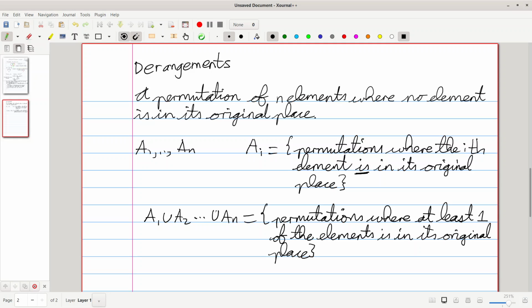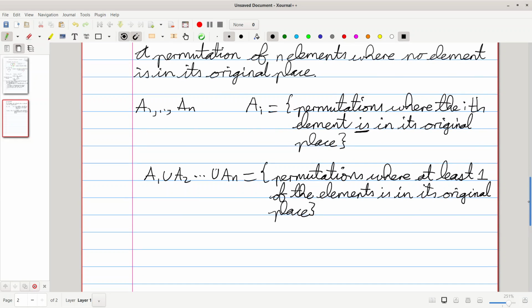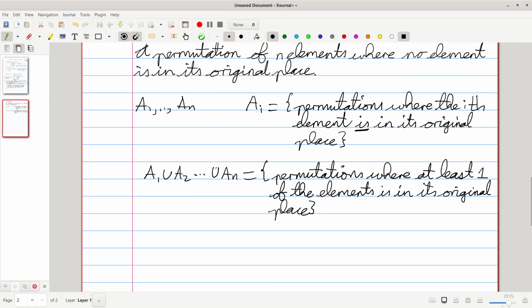Now you might look at this union and say, but that's not what we want. We want all the permutations where none of the elements are in their original place. But the good thing is that this is completely opposite to what we want, because the permutations where no element is in its original place is just all the permutations minus those where at least one of the elements is in its original place.